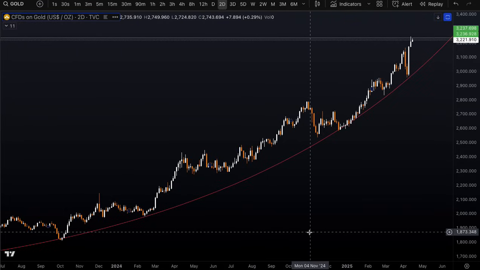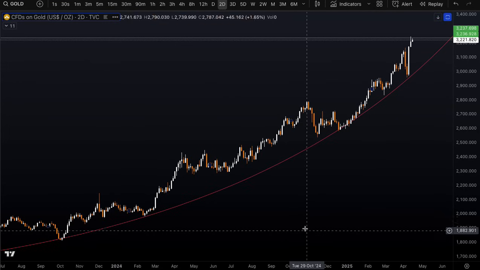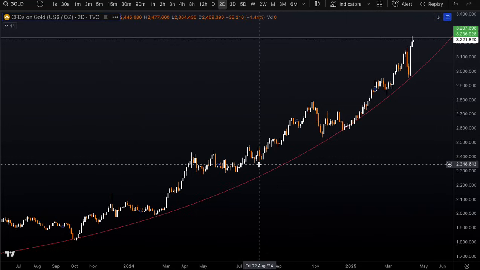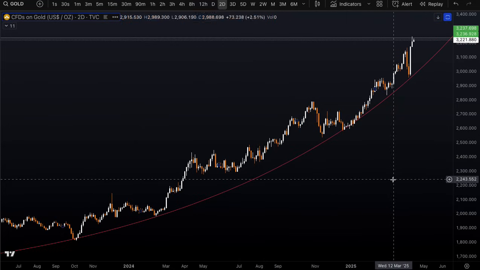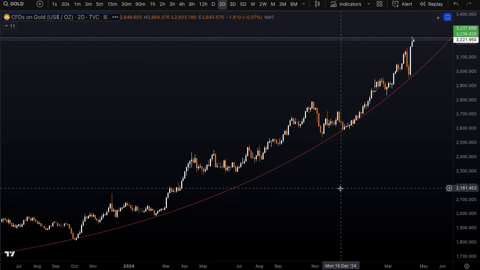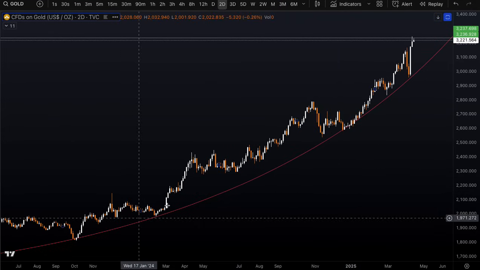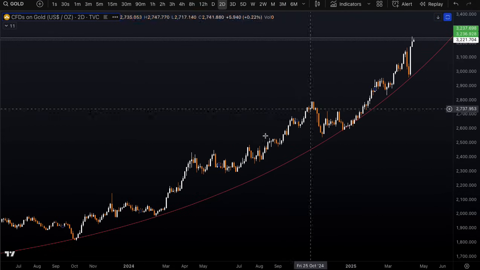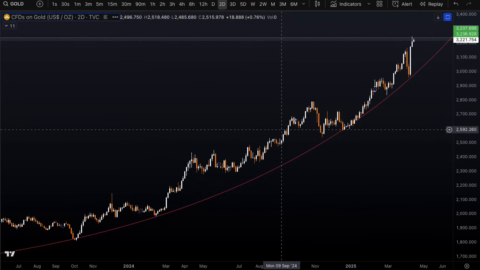Or put another way, the dollar is depreciating versus gold. And that gets me to the last point I wanted to make: this move in gold is really worth keeping an eye on, because at the end of the day, gold is basically a short fiat currency trade.